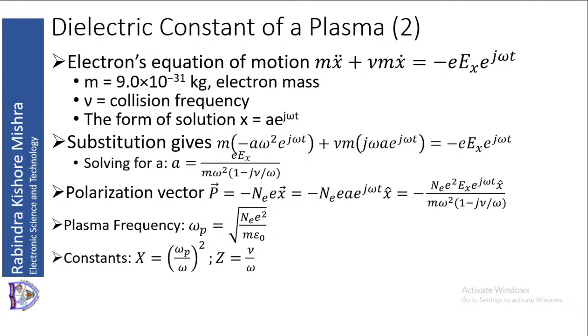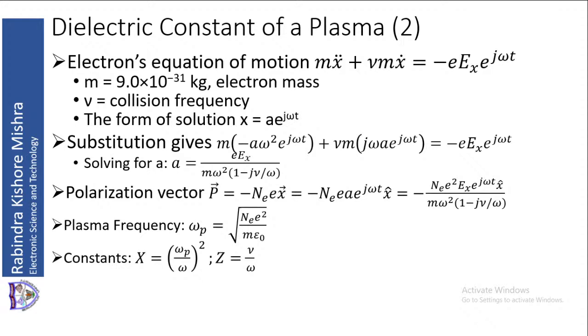So we define these three things: the plasma frequency omega p, which is equal to the root of Ne into e square by m epsilon 0; X, which is equal to omega p by omega, squared; and Z, which is equal to nu by omega.